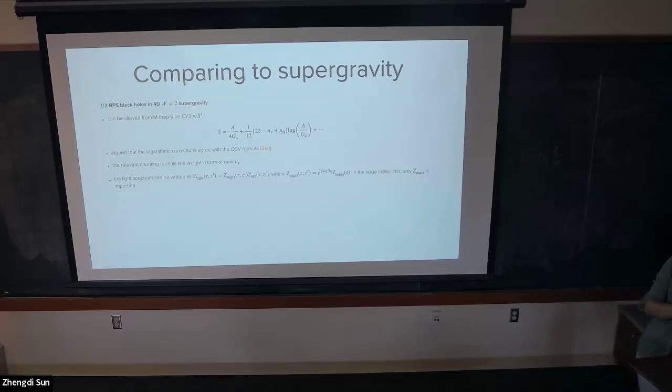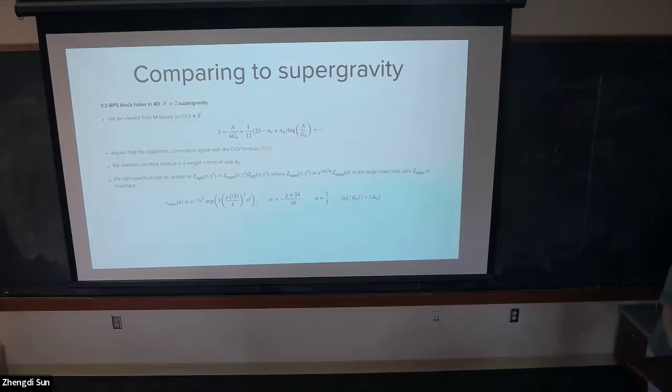It localizes on the ground state value of all the charges, Bi, and the only value that it depends on is the energy or tau. And it turns out that in the limit of large index, only the polar part of the light spectrum is important. At least that's the order that we are interested in.